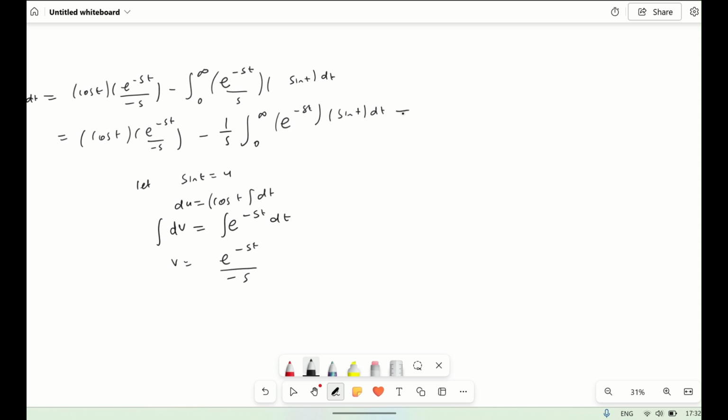Let me proceed. So it's cos t e to the negative st all over negative s, right? Now I've taken out this as a common factor.